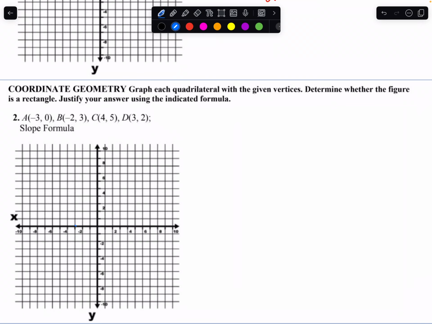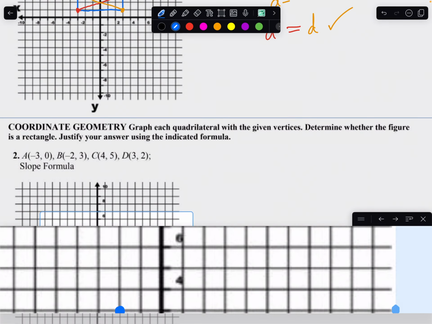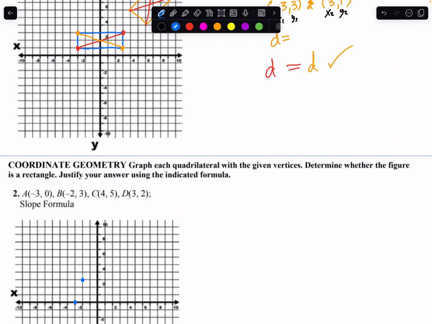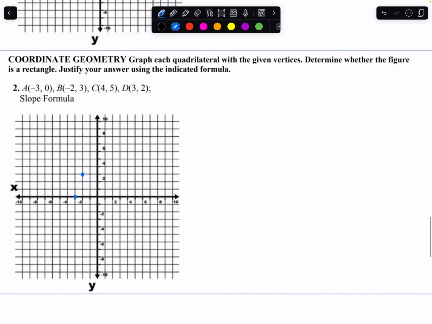The first one is at -3, 0, -2, 3, 4, 5, and 3, 2. When I connect these, this already looks like a parallelogram, but is it a rectangle?